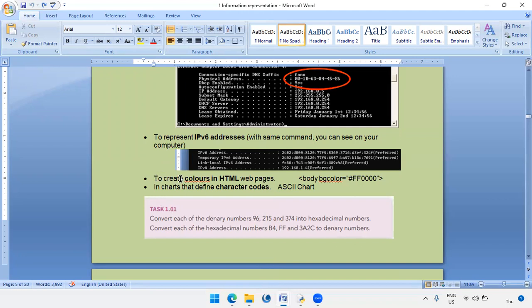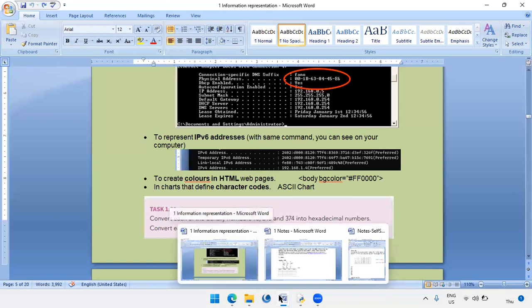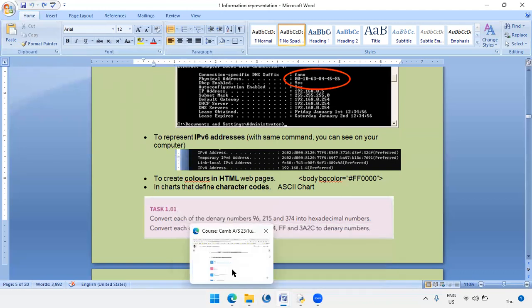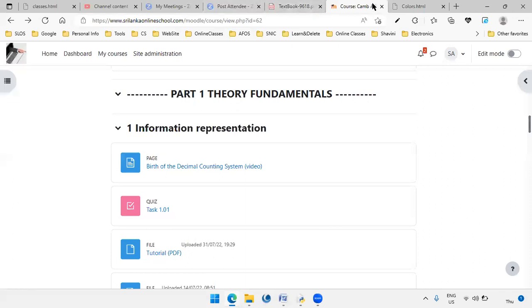Another use is to create colors in HTML web pages. This is one of the commands that you can use to show the colors. This is red. I will explain how you can get it.